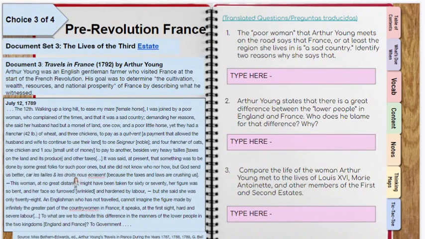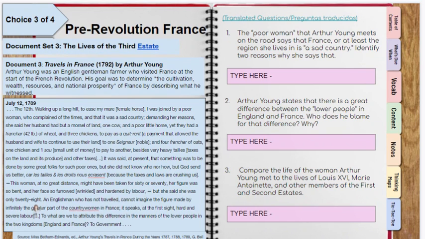One point that I like to take a look at is this excerpt from Travels in France, 1792, by Arthur Young. He stumbles upon a woman, and I really like to point out this quote right here. This woman, at no great distance, might have been taken for 60 or 70. Her figure was so bent, and her face was so furrowed, wrinkled, and hardened by labor.